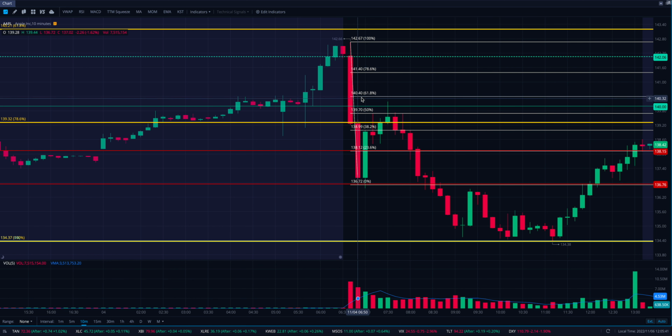If you start retracing more than that, it becomes like a lowercase n, and to me invalidates the idea of the setup. So you can draw this fib and keep an eye close on the 50 and the 60. I would make the 618 my exit, like for a failed trade. If we get a close over here, I'm out, okay? But look at that good risk reward.